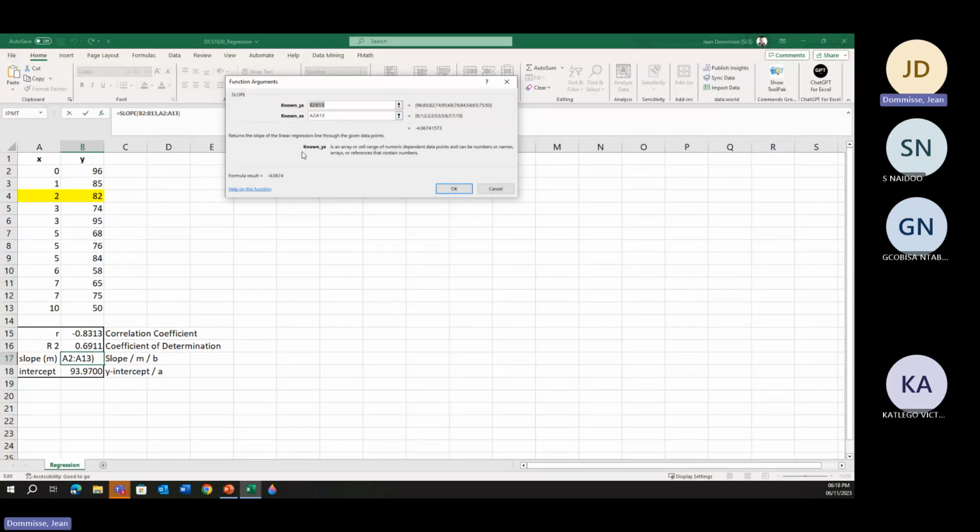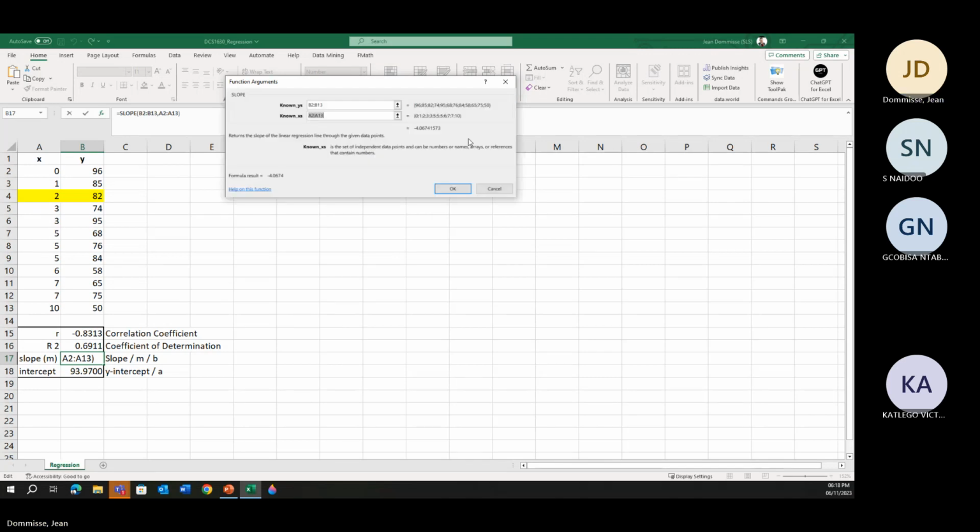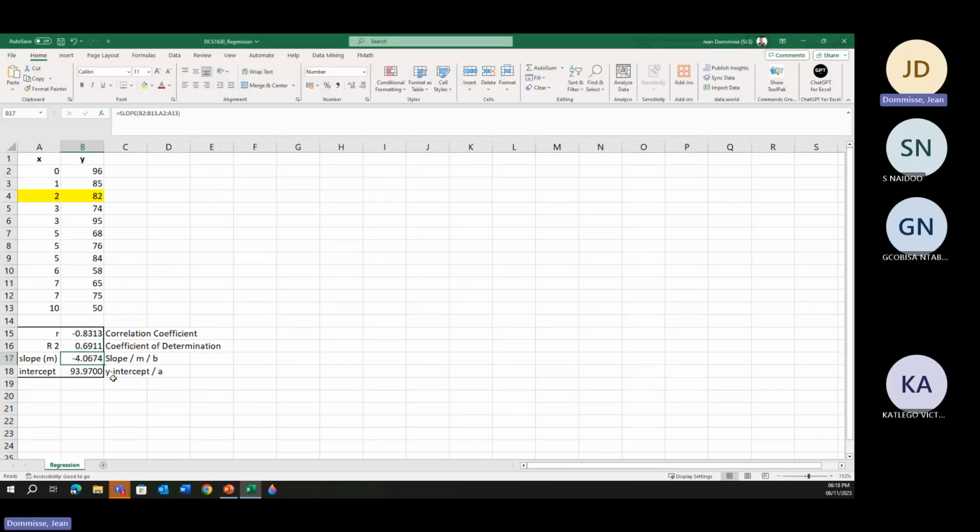In Excel, when we read it into the formulas, they want us to read the Y's in first and the X's in second. So again, I need to make that very clear, because if you swap it around for slope and intercept, you will get different answers.